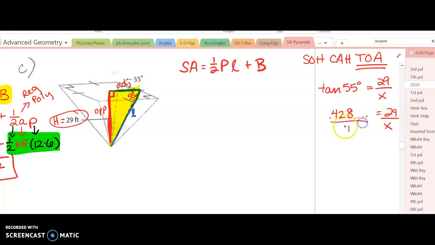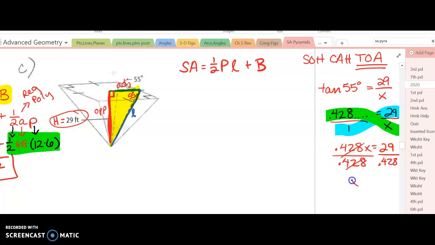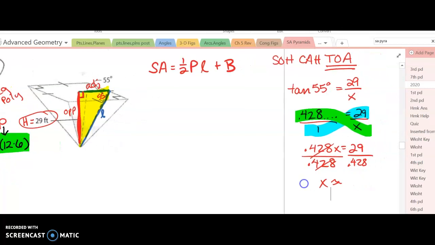And then we're going to cross multiply. And so we get 1.428x equals 29. To get x by itself, we'll divide by 1.428. 29 divided by that comes out to 20.306.